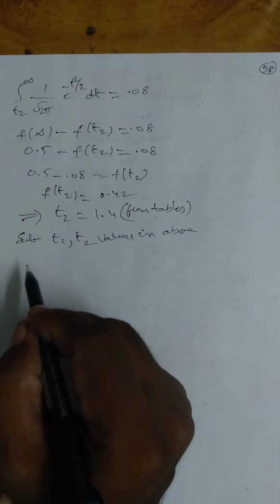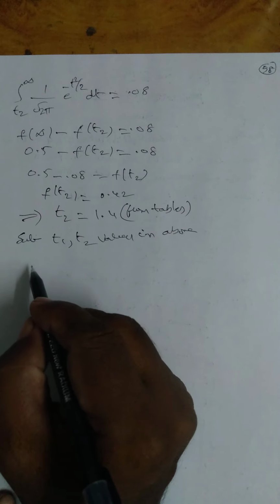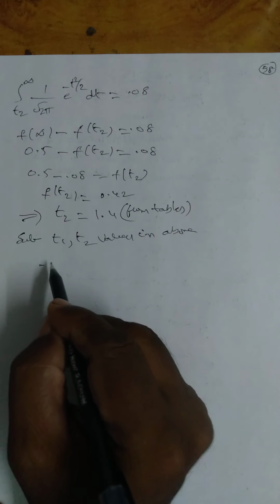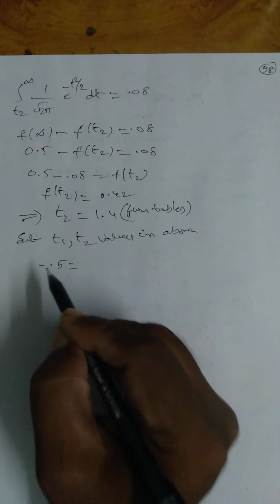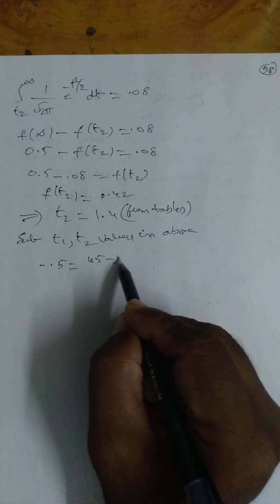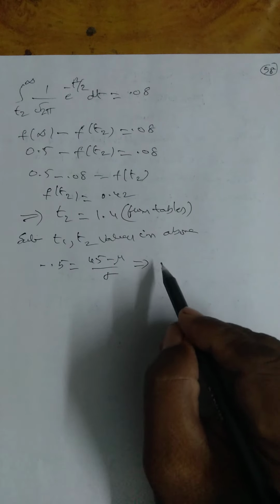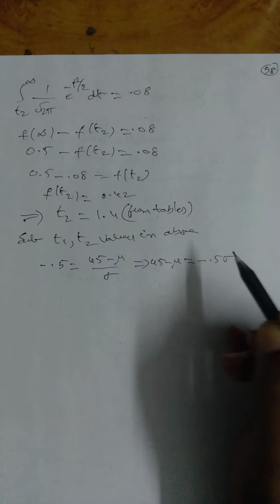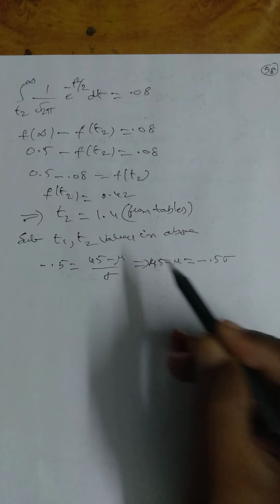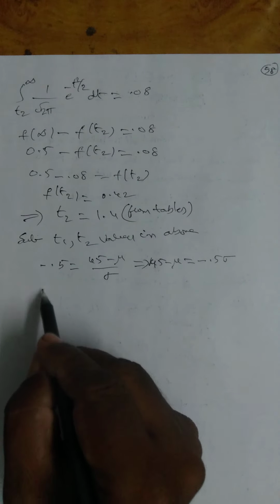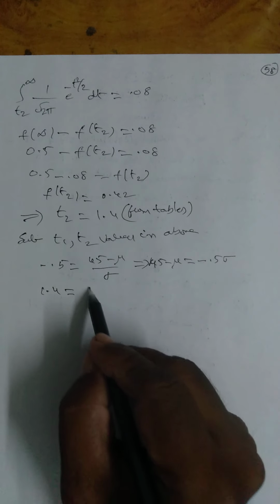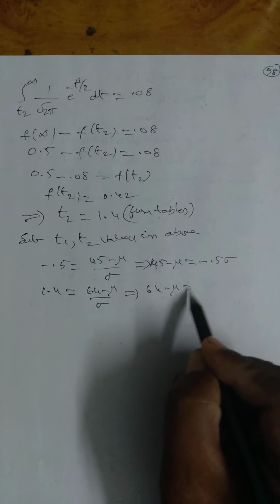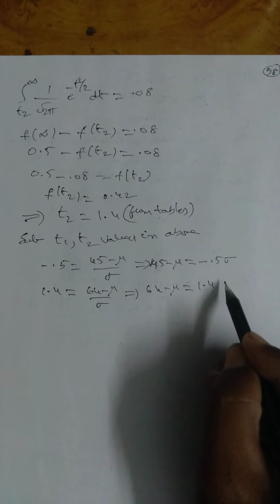So T1 value minus 0.5 is equal to 45 minus mu by sigma. From this, 45 minus mu is equal to minus 0.5 sigma. Next, 1.4 is equal to 64 minus mu by sigma. From this, 64 minus mu is equal to 1.4 sigma.